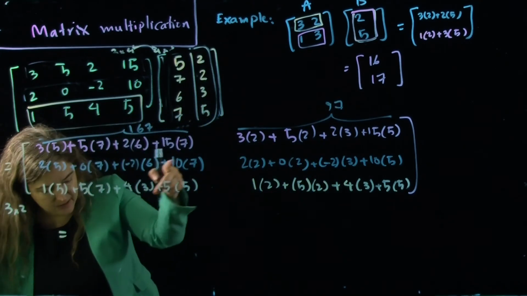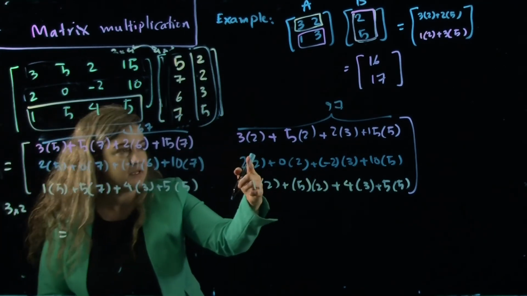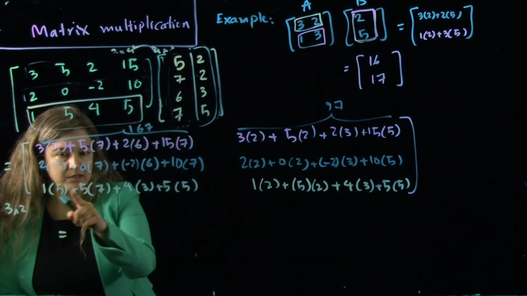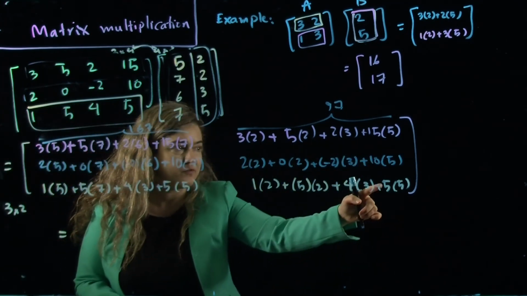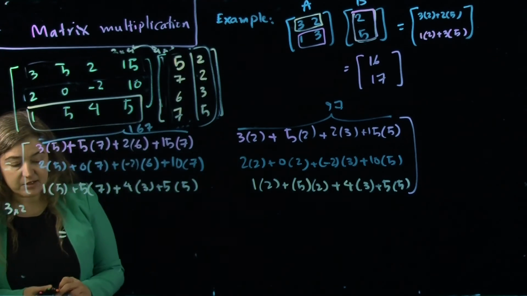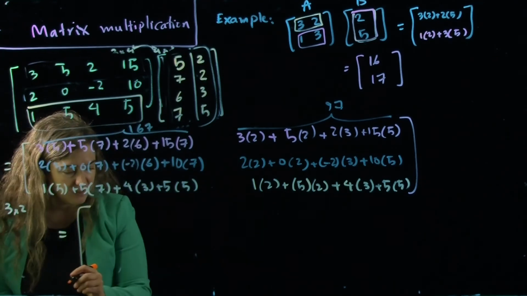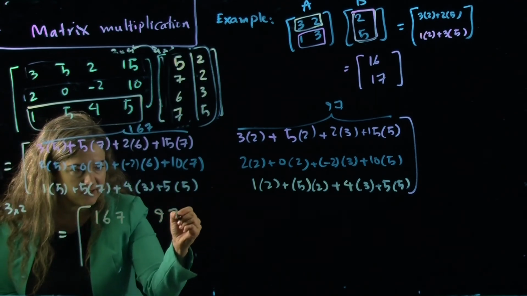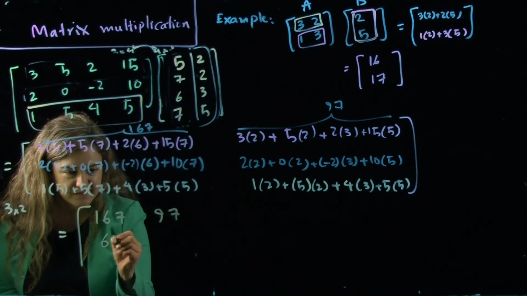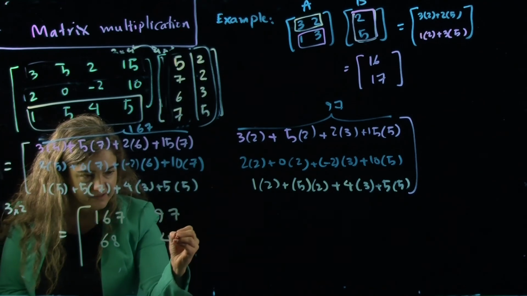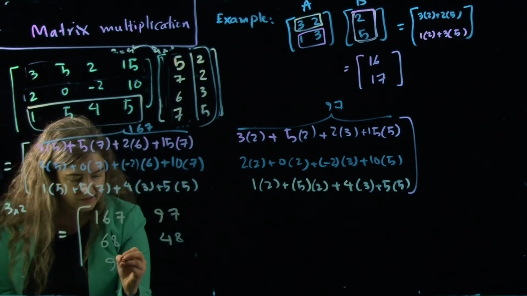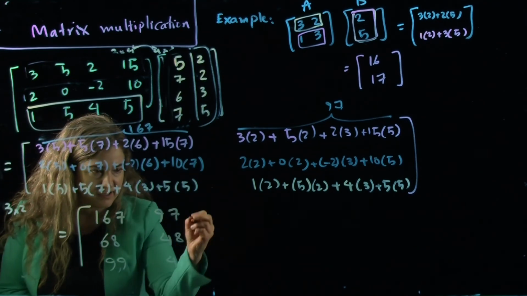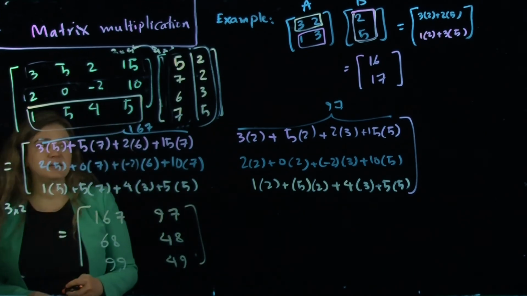This entire thing is 68, 48, 99, and 49. So let's write them up in one matrix. 167, 97, 68, 48, 99, and 49.